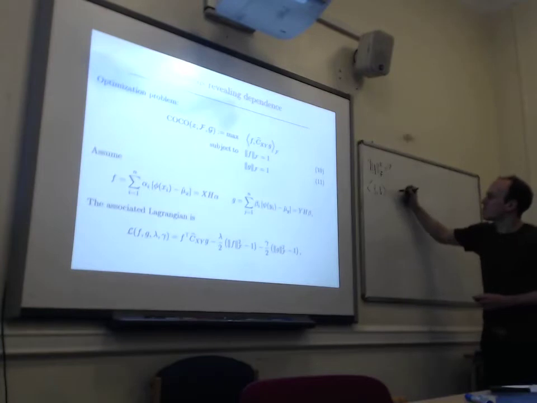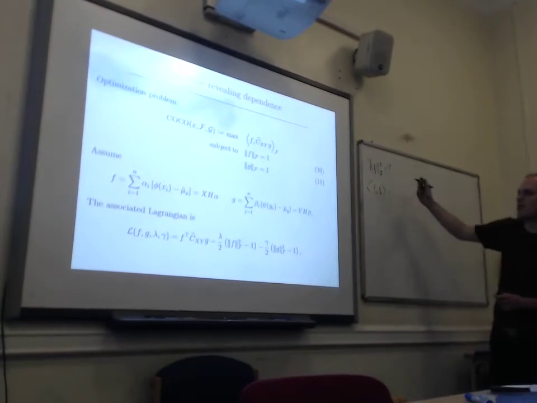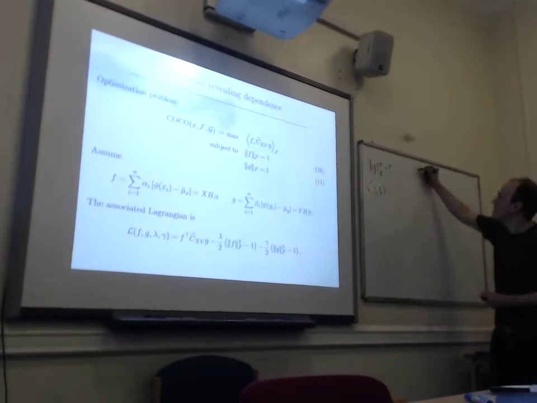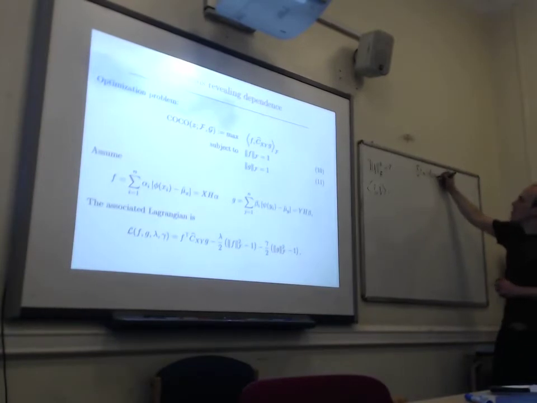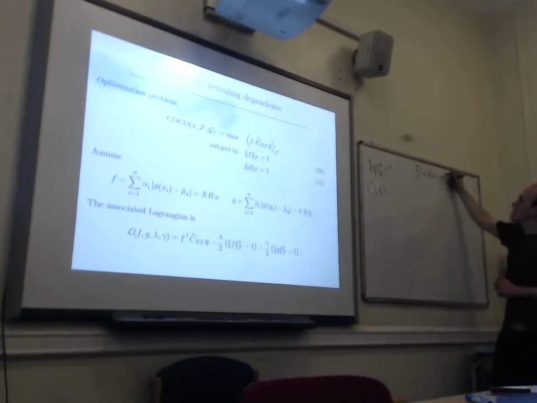Let me write, just so I don't have to write the big thing a lot, phi tilde is equal to the original mapping minus the empirical mean.